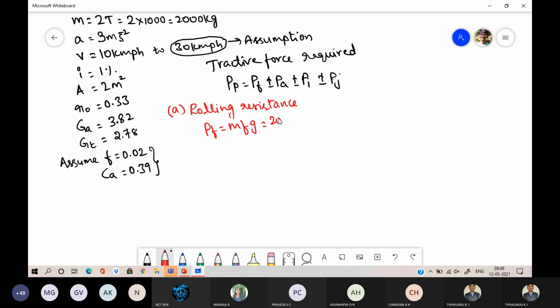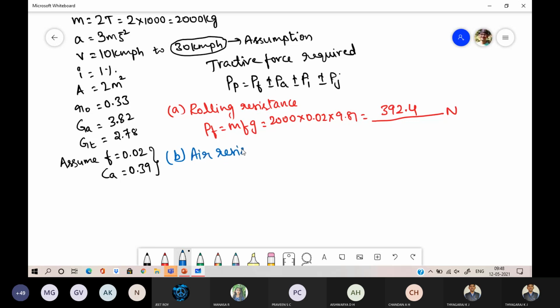M is 2000, f is 0.02, g is 9.81. How much are you going to get? I think you have already done the problem, right? You are going to get 392.4? Yes, sir. Okay.